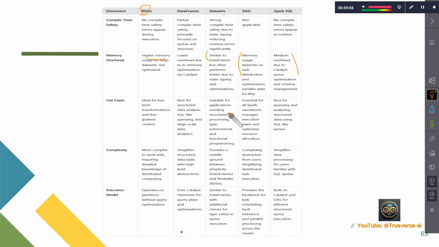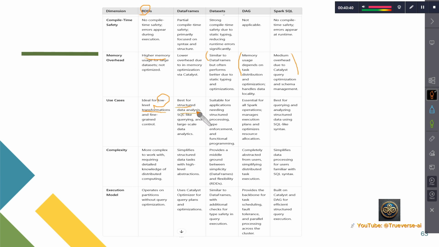memory management. So for use case, RDD is usually good for low level when we would like to define the transformations as a conceptual model and then act on the cluster. But for DataFrame, usually if you deal with a data frame, this is good, and this is if your application is structured data analysis.